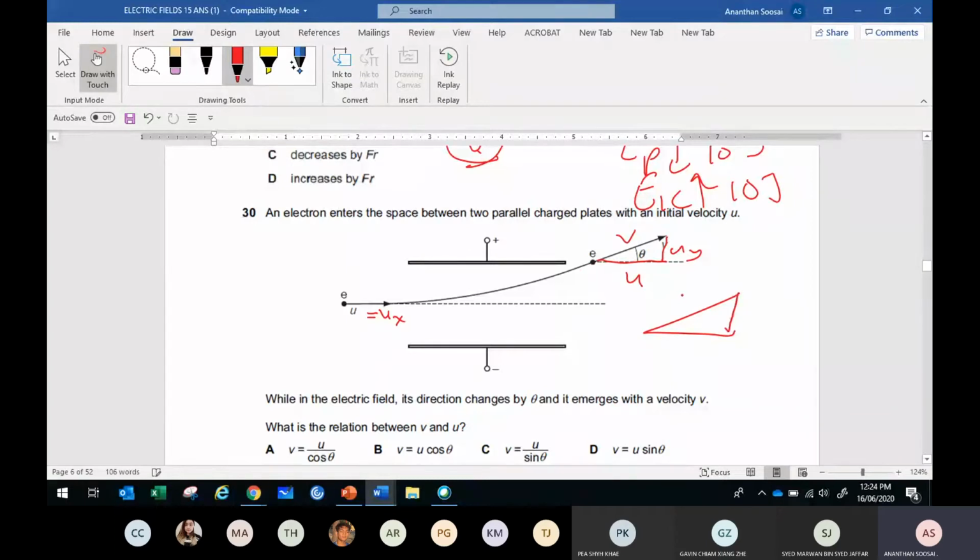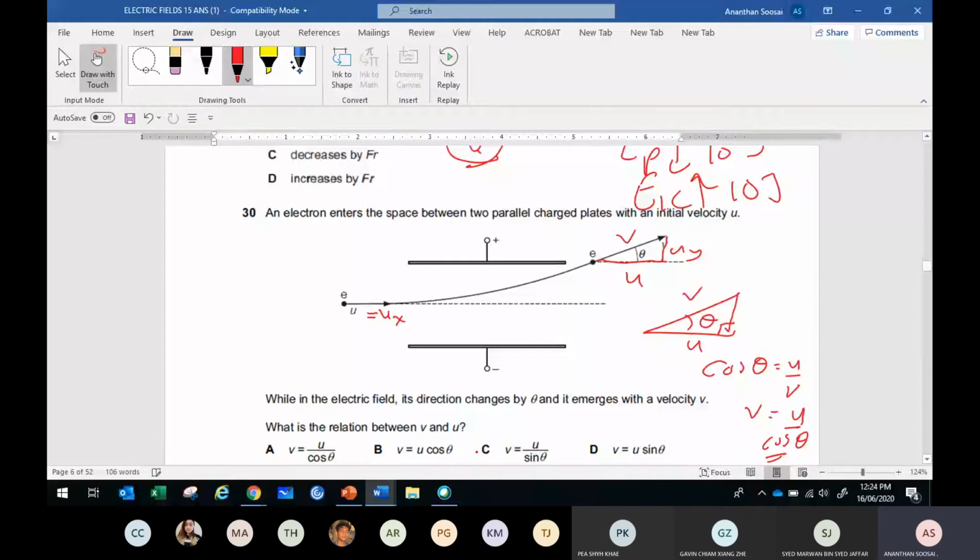The hypotenuse is V, and your horizontal length is U, with angle theta. So by trigonometry, how are V and U related? It's cos, right? Good. Cos theta is U over V. So V will be U over cos theta.